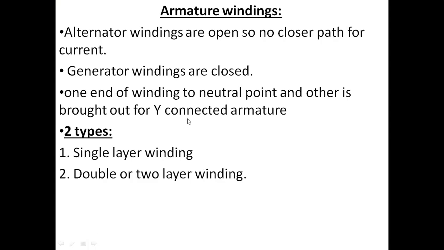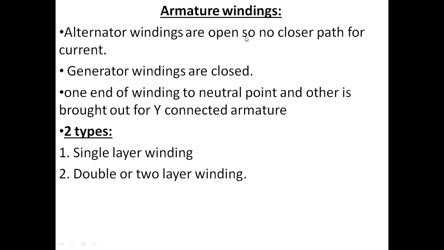Next, there is a need of knowing the armature and how the armature windings are made. Actually, you know about speed and frequency, right? What is speed? The rotor rotation is called speed, right?